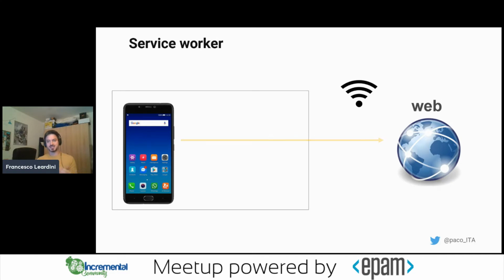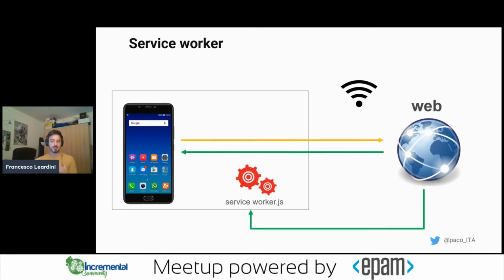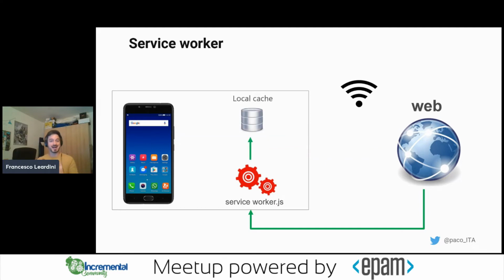When we access our web application the first time, we get the response, and we also download the service worker file that is just a JavaScript file. This service worker, according to how we implemented it, how we defined its logic, might already cache some assets, JavaScript files, images, or even HTML files in the local cache.